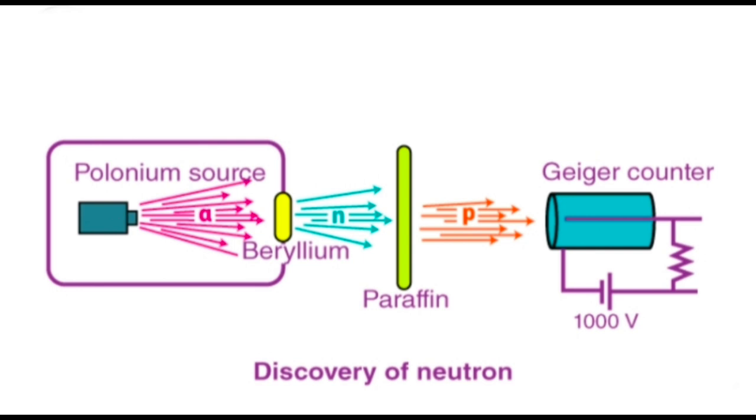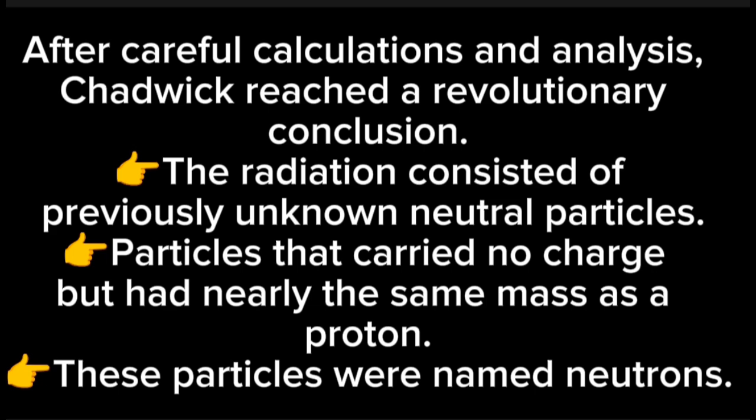If the radiation had been ordinary gamma rays, the protons would not have received enough energy to move that fast. After careful calculations and analysis, Chadwick reached a revolutionary conclusion. The radiation consisted of previously unknown neutral particles, particles that carried no charge but had nearly the same mass as a proton.